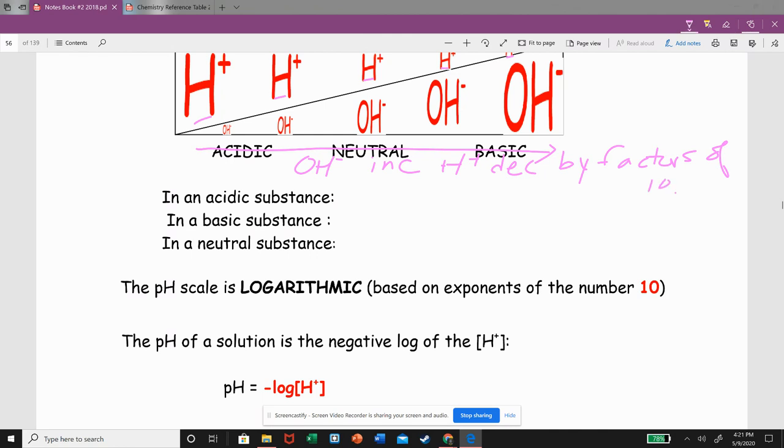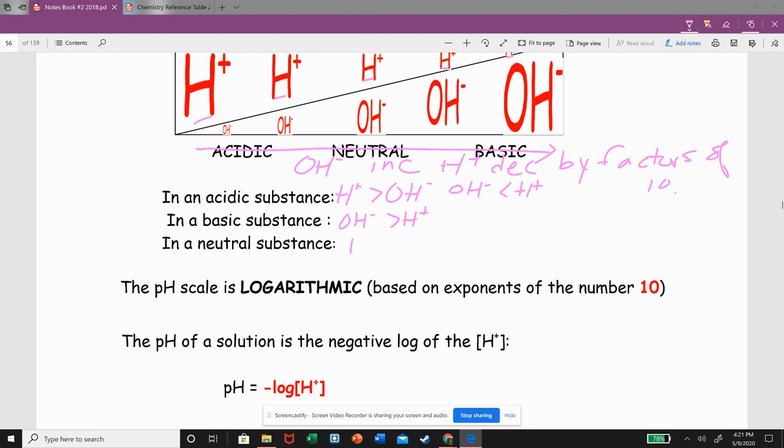So in an acidic substance, H plus is greater than OH minus, but OH minus is less than H plus. In a basic substance, OH minus is greater than the H plus, because that's what makes it basic. And then the reverse is also true.